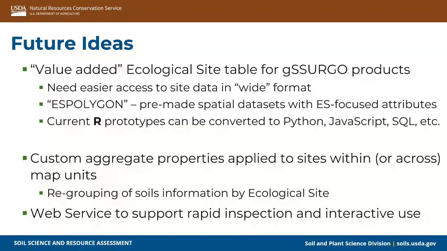For instance, providing that mentioned value-added table through Soil Data Access, or some other method that will make this data really easy for folks to query based on soil survey area or MLRA or ecological site or map unit. Those are some of the things that I hope we could do more of in the future.